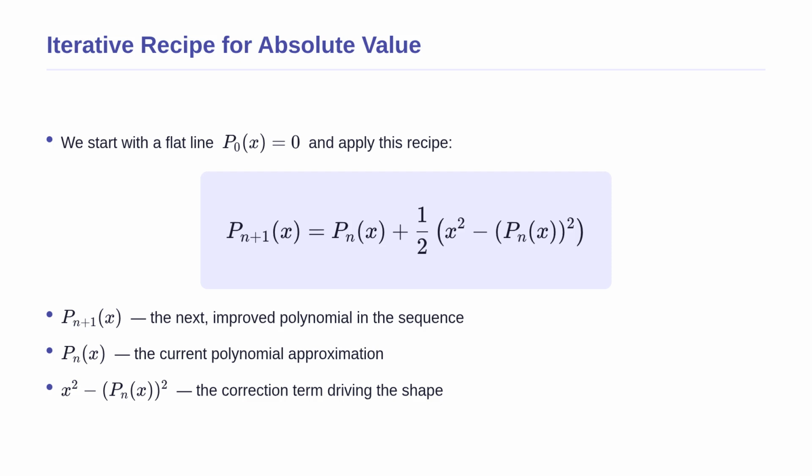We take the current polynomial, Pn of x, and add a correction term. This correction term is based on the difference between x squared and the square of our current polynomial. Conceptually, this formula looks at where the current approximation is failing and adds just the right amount of curvature to push it closer to the true V shape of the absolute value function.